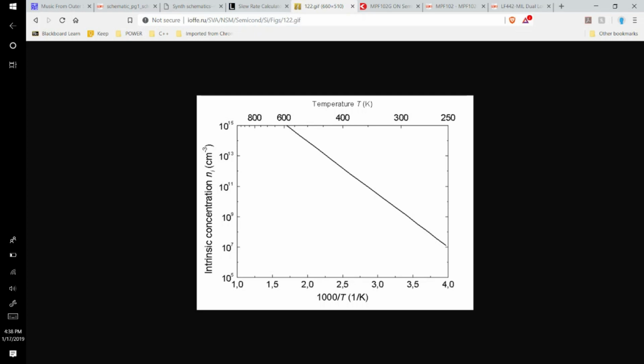So if at 300 Kelvin it was, let's say, 10 to the power 9 carriers per centimeter cubed, at 100 degrees C it will be almost 100? Yeah, 100 times more. So it's 2 powers of 10 and so on, 2 or 3 powers of 10. So basically, it is a very strong power function of temperature, and it is squared.